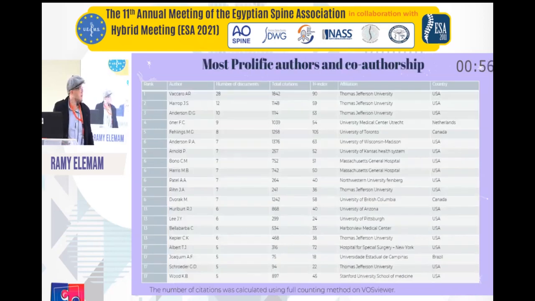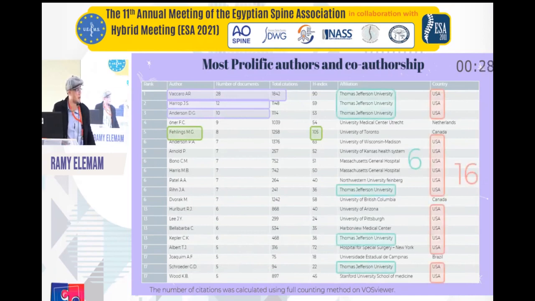And this is a list of the most prolific authors in co-authorship, and it comes as no surprise that Vaccaro from Thomas Jefferson University came in first place with 28 documents, which makes around 20% of the entire publication count. In second place came Harp JS with 12 publications, and then Anderson DJ with 10.